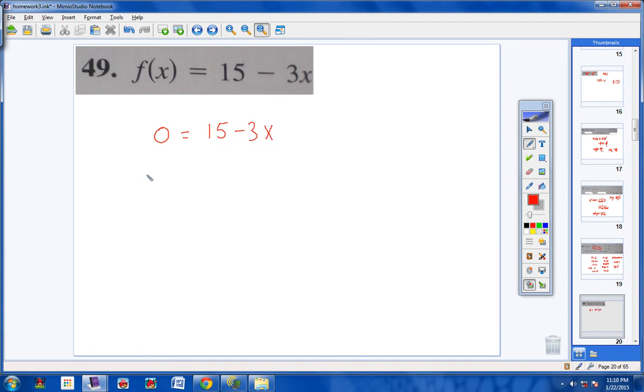Bring your 15 over and make it negative. Divide both sides by negative 3. The answer is 5. So what they were asking us is this: what x values make the whole function become 0? 5. So when you put a 5 in, you get out 0. Okay? Alright. Let's try another one.